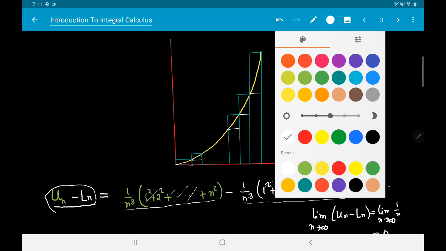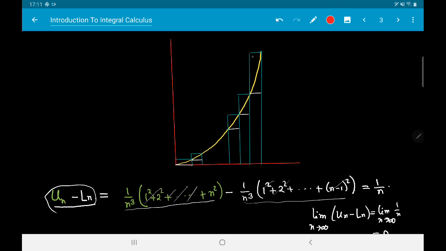So let me use a different color here. For this rectangle, un minus ln is this region, the area of this region. For this rectangle, it is this region. For this rectangle, it is this region. For this rectangle, this region.